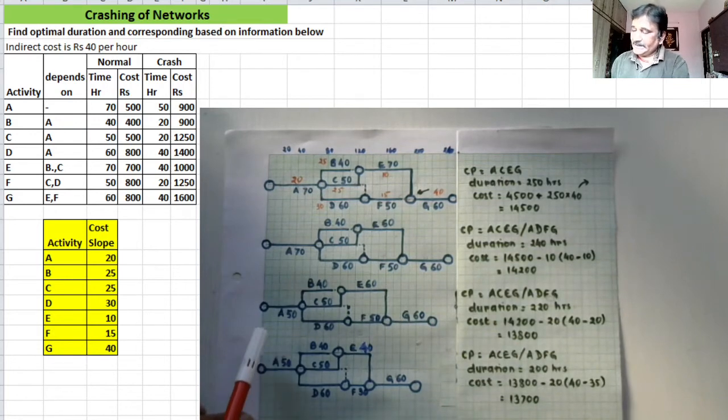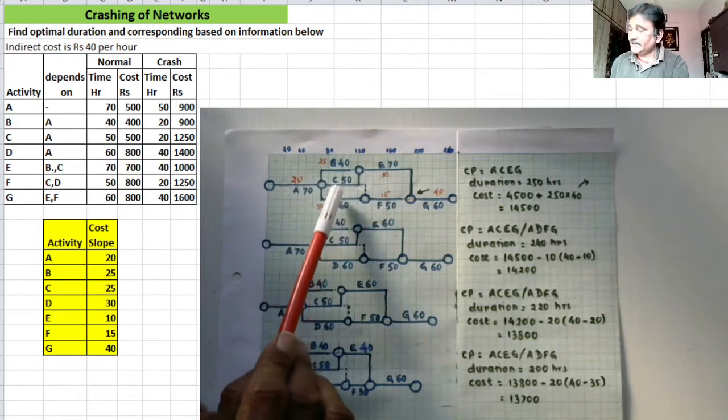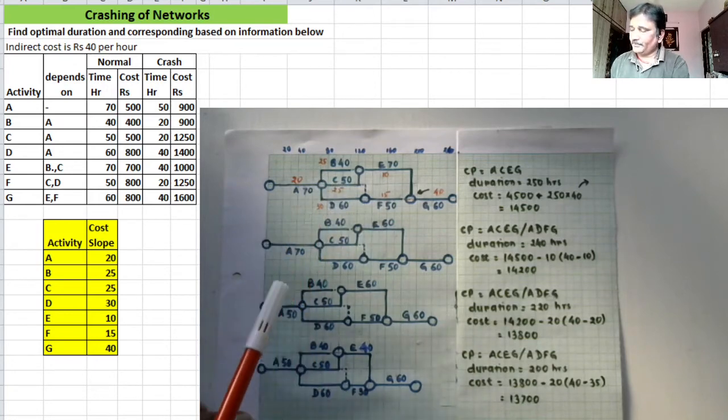Now, once again, you look at various activities. Activity A is on critical path, right? Crashing cost per hour for activity A is 20. For C the crashing cost I am finding is rupees 25. B I won't be concerned with because it is not on the critical path. D is on critical path. Crashing cost for activity D is rupees 30.